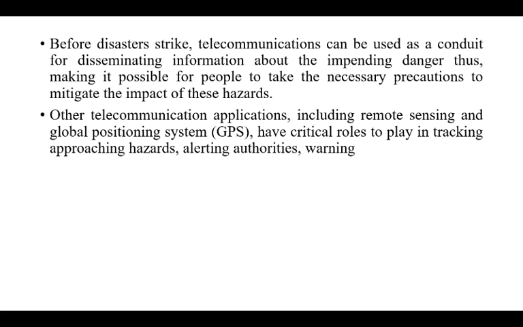Before a disaster strikes, telecommunication can be used as a conduit for disseminating information about the impending danger, thus making it possible for people to take necessary precautions and mitigate the impact of the hazard. Other telecommunication applications include remote sensing and GPS, which have critical roles to play in tracking approaching hazards, alerting authorities, warning, etc. That we have seen in the hazard mapping topic.